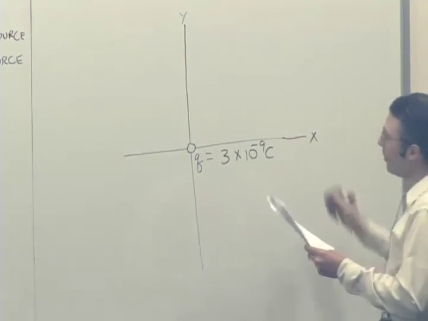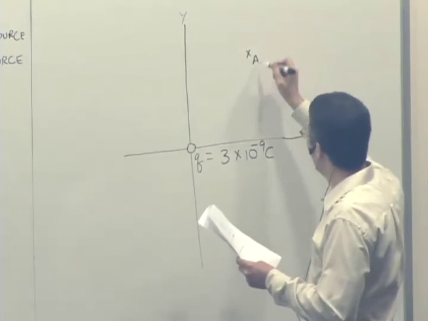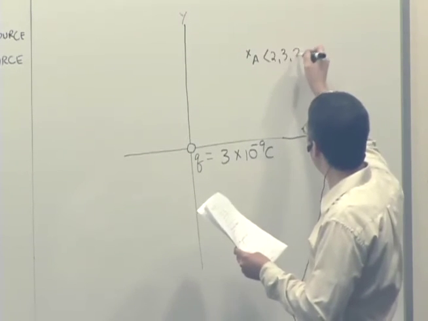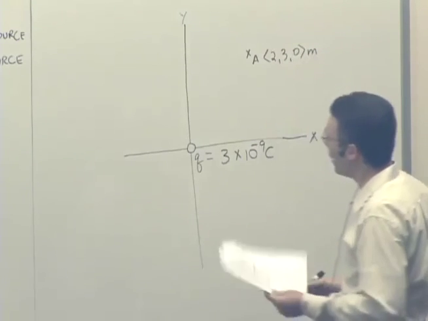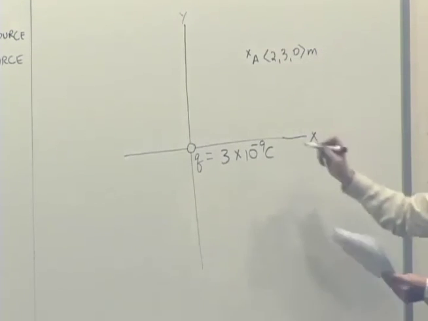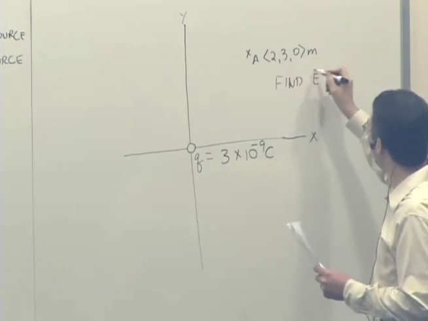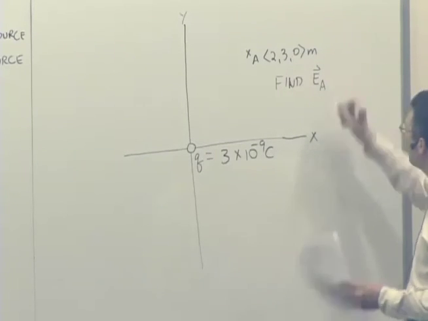And let's say our observation location A is at 230 meters. Okay, so we want to find the electric field vector due to this source charge at location A.